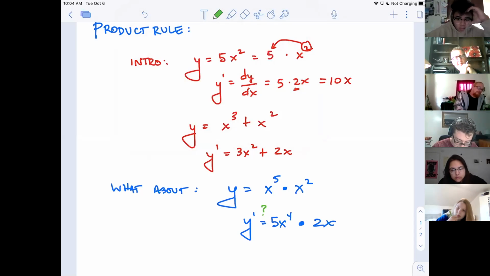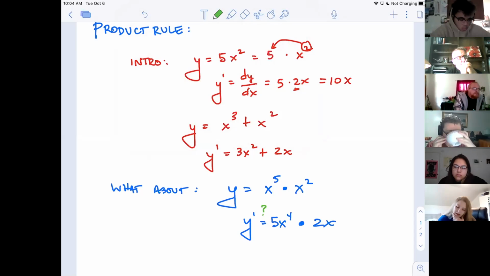Now I want to give you a second to think about that, because you can actually answer that question yourself. When you multiply units with exponents, don't they add together?